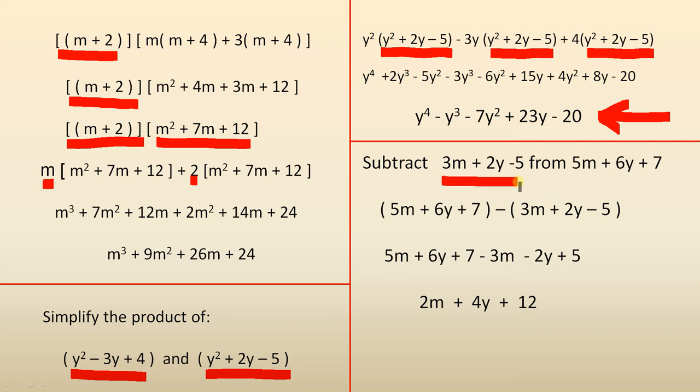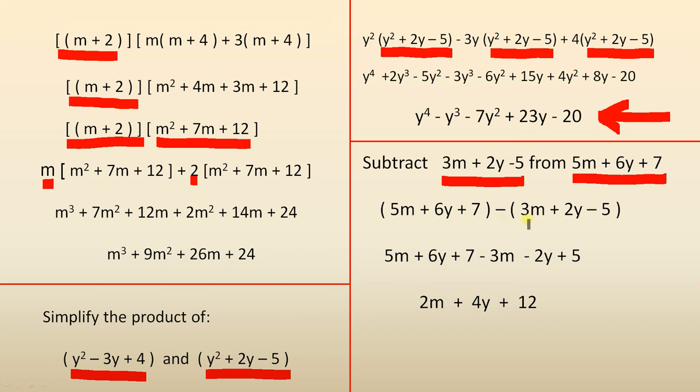Subtract those three terms from those three terms. In other words, the 5m plus 6y plus 7 goes first, and we subtract the first three terms. So, removing the grouping symbols, we write the first three terms down.